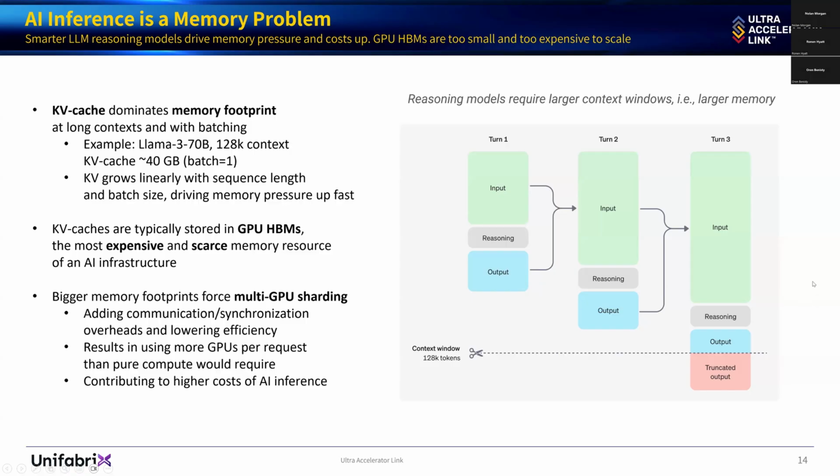What we can actually claim here is this is important because AI inference is really a memory problem. What we see today, especially with LLM reasoning models that drive memory pressure up, and agentic AI that needs a lot more memory, is that the problem becomes less compute and more memory.